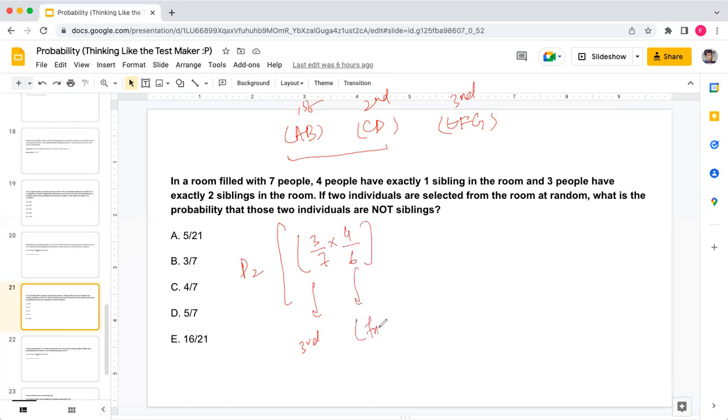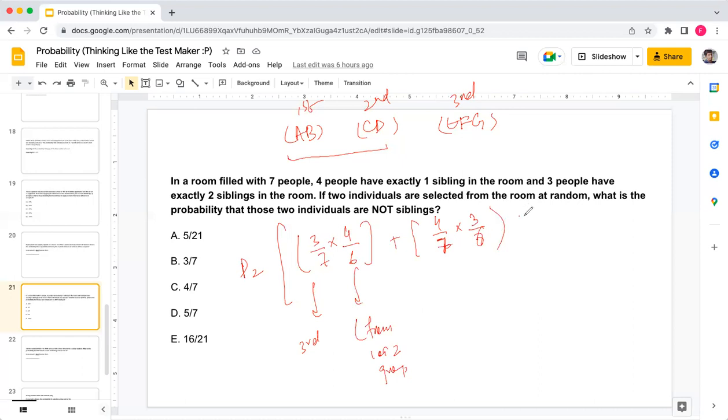The second situation, if I pick the first person from these two groups, 4 by 6, and the second person from the third group, this is 4 by 7 and 3 by 6.